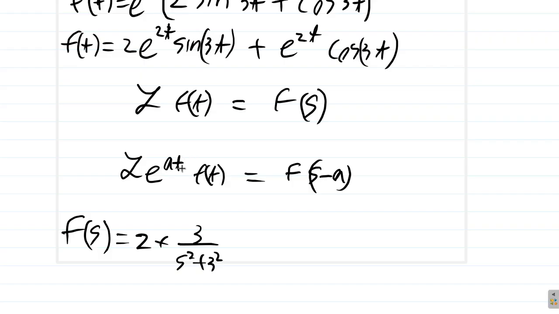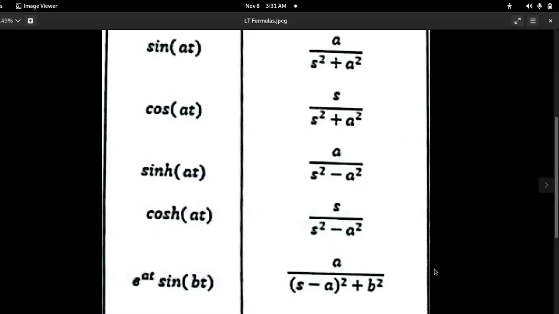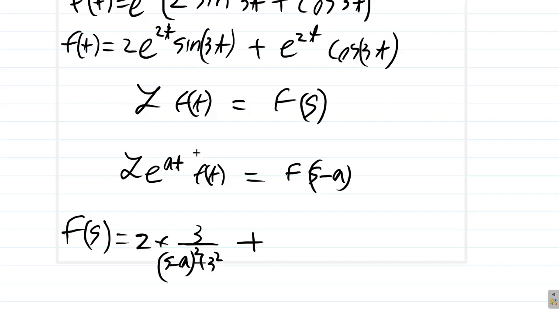If you multiply this by e to the at, instead of s squared, it's going to be s minus a, squared. And now plus the Laplace transform of cos at, which is s over s squared plus a squared. For 3t it is s over s squared plus 3 squared.